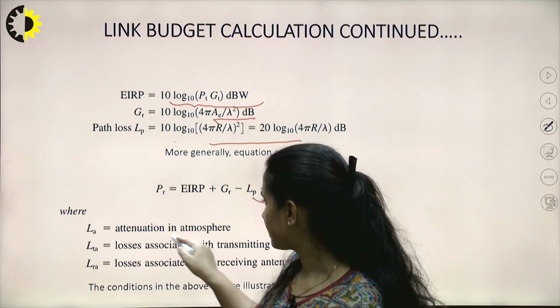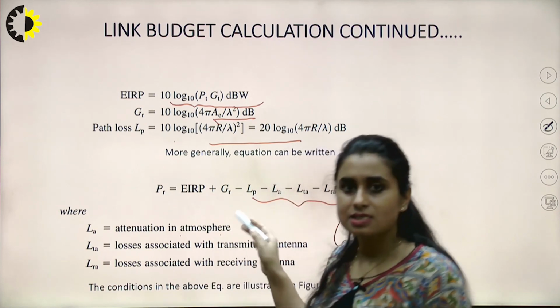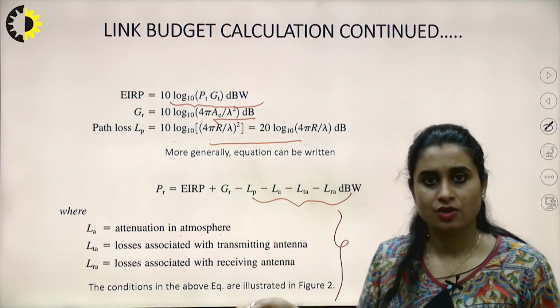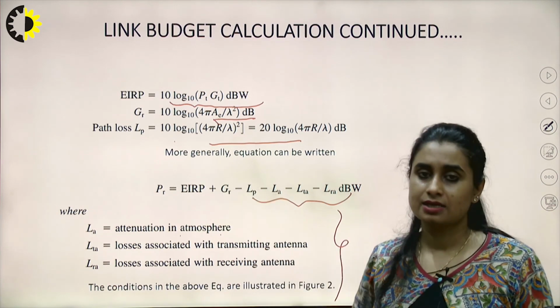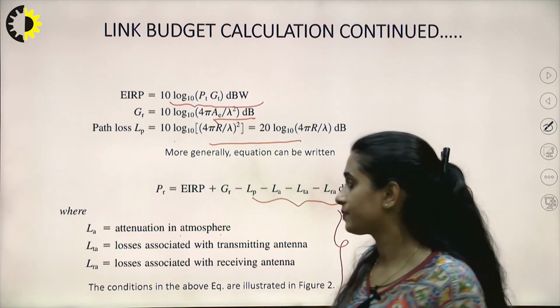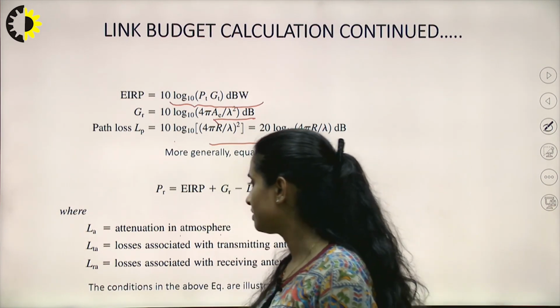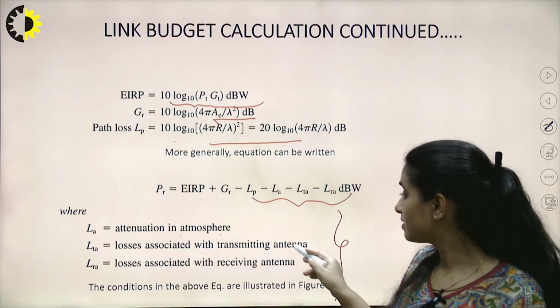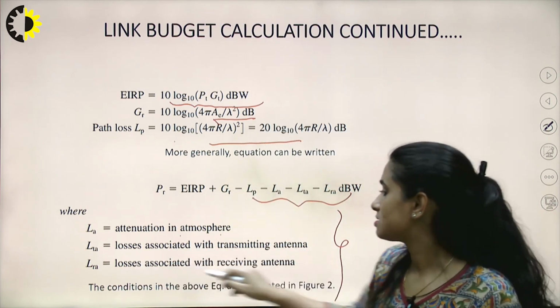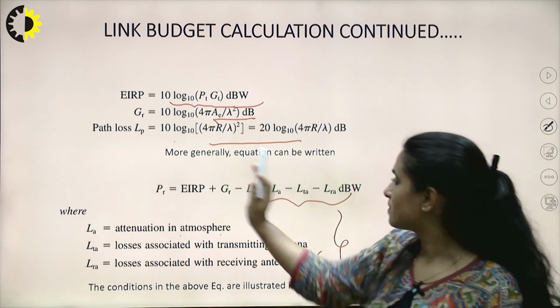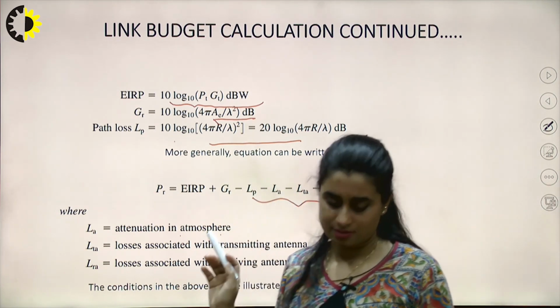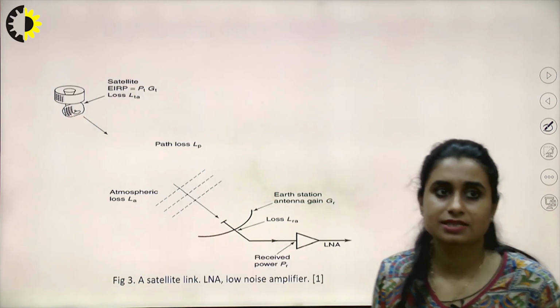Already discussed. Attenuation in atmosphere. For this you can refer to my previous lecture where these things have been discussed in detail. This is the complete overview, right? This is the attenuation in atmosphere. This is losses associated with the transmitting antenna, losses associated with the receiving antenna. So these all losses must be subtracted, right, when we are calculating the total received power.